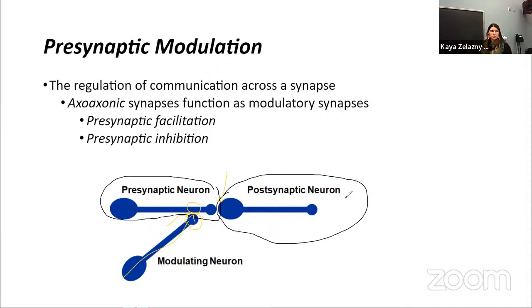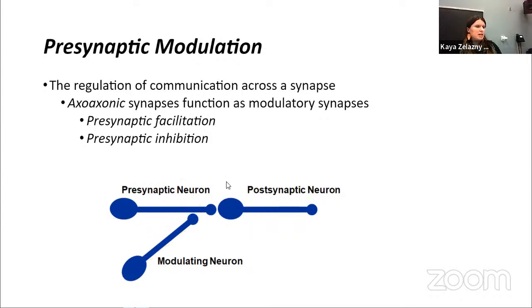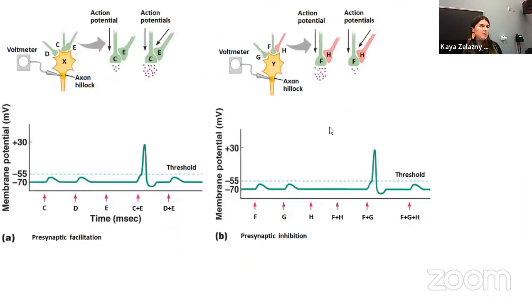We can do one of two things: facilitate or inhibit signaling. Presynaptic facilitation makes it easier to send a signal. Presynaptic inhibition makes it harder to send a signal. We're jumping in at the end and modulating or adjusting this pathway.